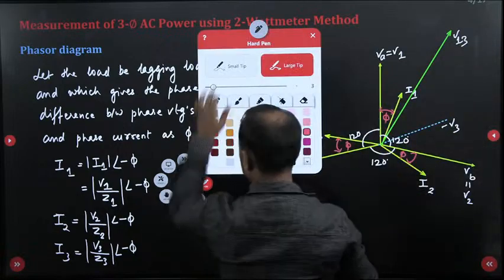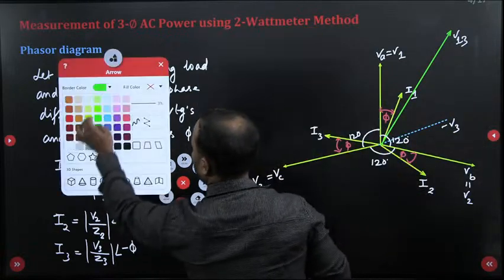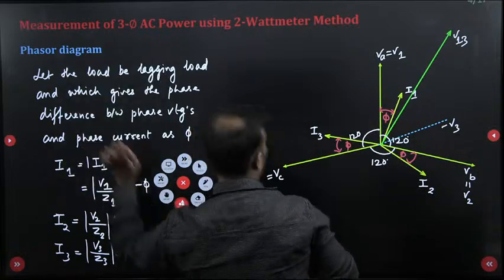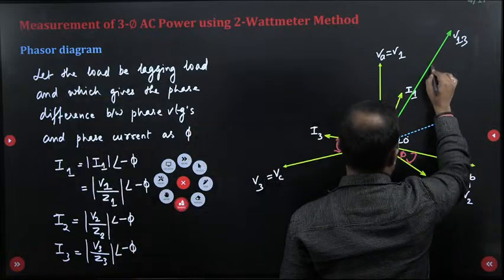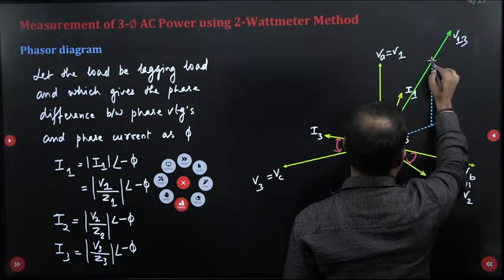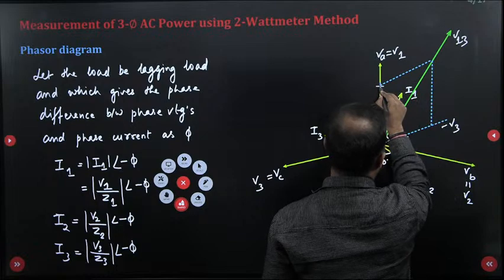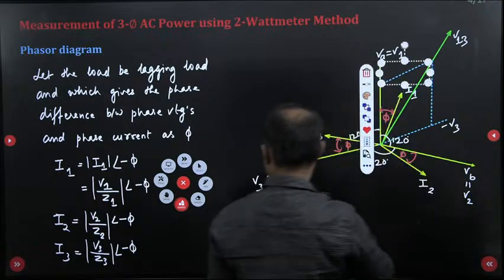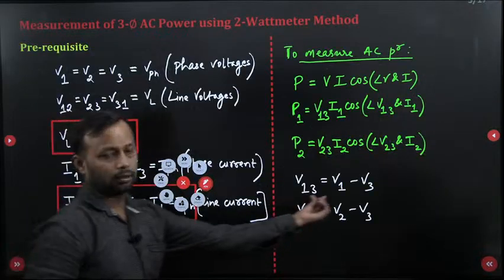How do I get it? By adding V1 and minus V3. That is what we had written here, na?